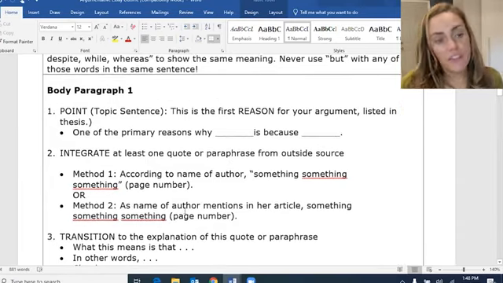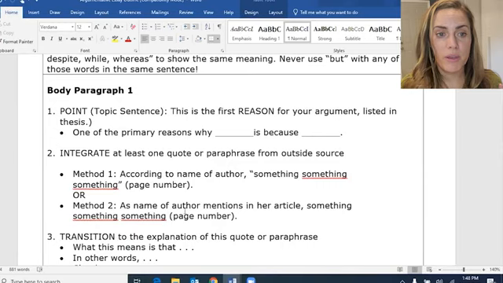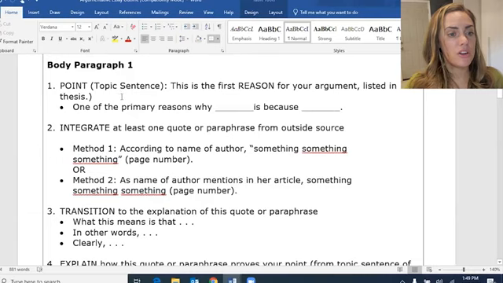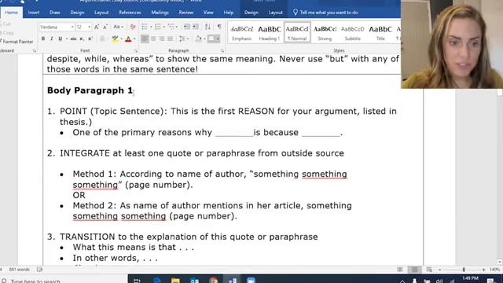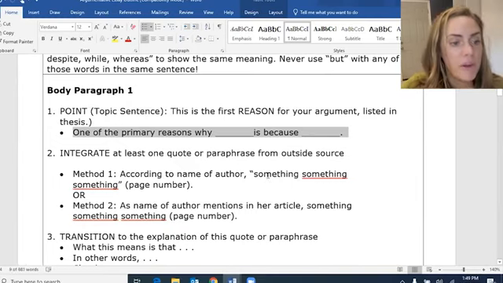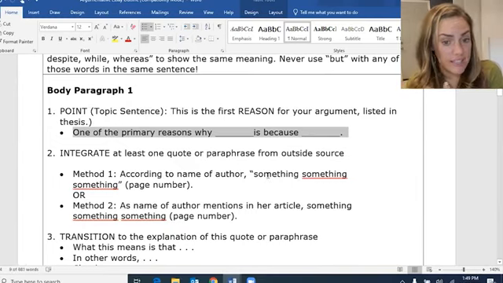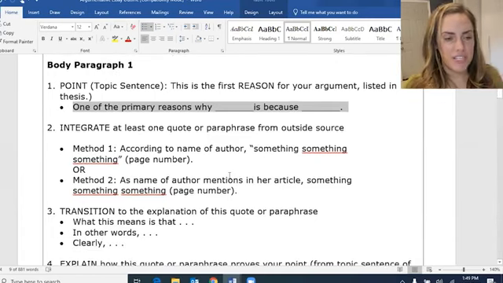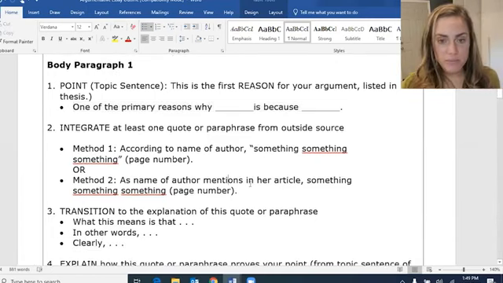Then over here, you got the first body paragraph, and it could be set up where it's just your argument right off the bat, or it could be the counter argument and then your refutation to it. But here you can start like this with your point. So you start, topic sentence is your first reason why your argument's true. I give this template. One of the primary reasons why is because, right? I'll show you an example. And then you can bring in some support, right?